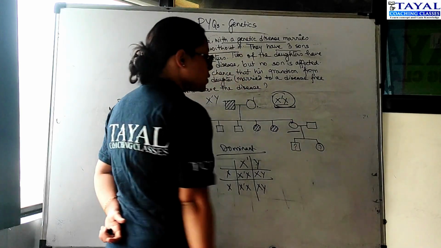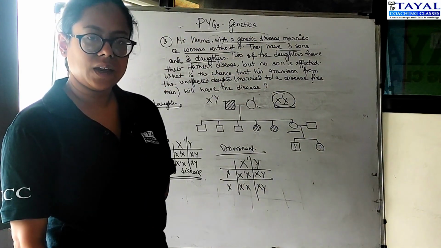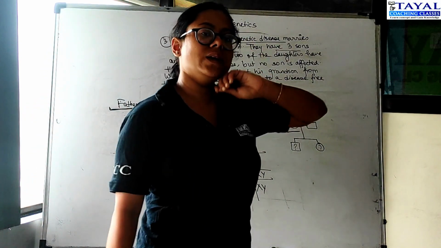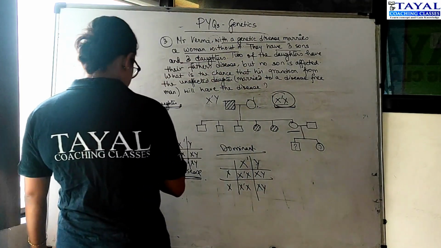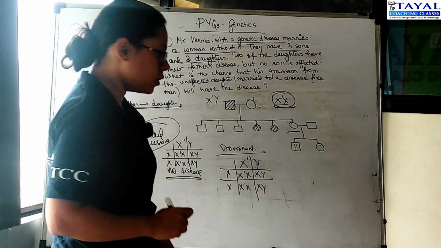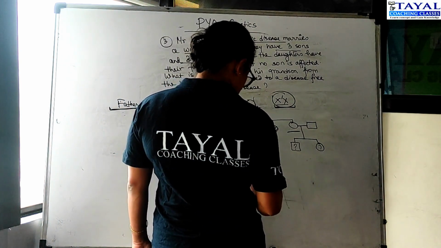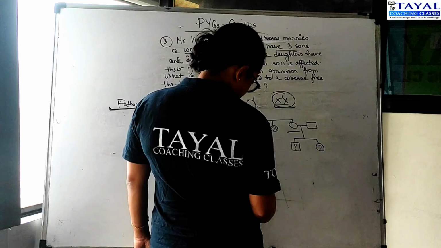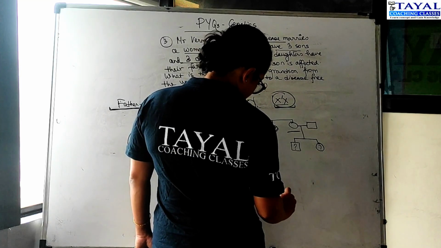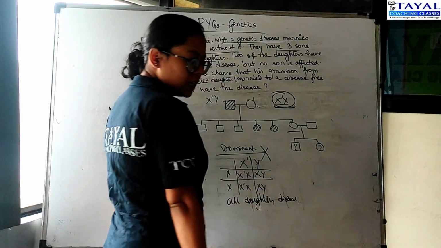So this individual is not possible. Am I right? Therefore, I can very easily say that it is an X-linked recessive disorder and not an X-linked dominant disorder, because all daughters would be diseased in that case. I hope this much is clear.